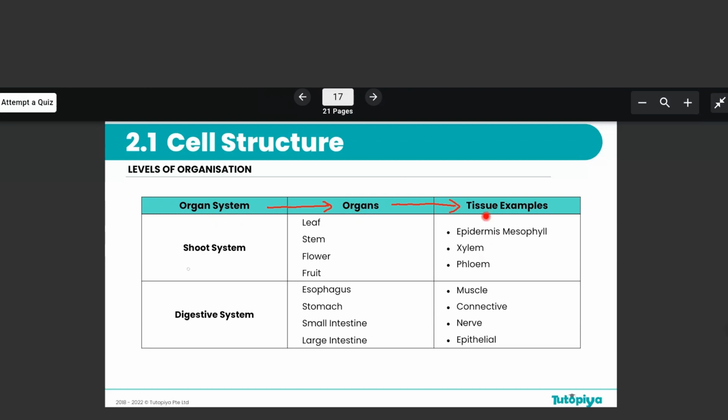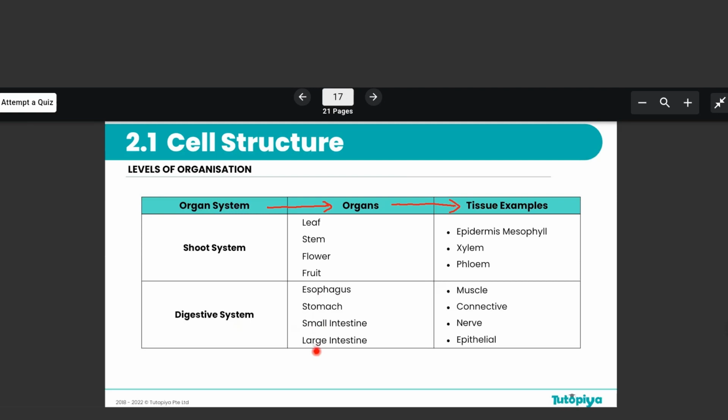So now that we've learned about the shoot system, let's also look at one system found in animals, such as the digestive system. For example, this digestive system is made up of many different organs having related functions, such as the esophagus, the stomach, small intestine, and the large intestine.